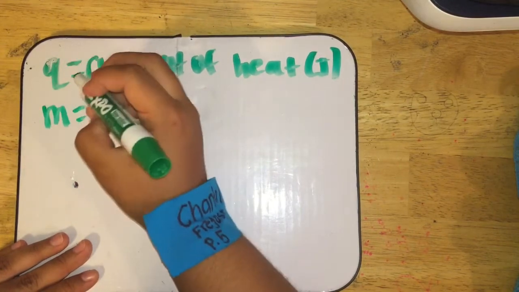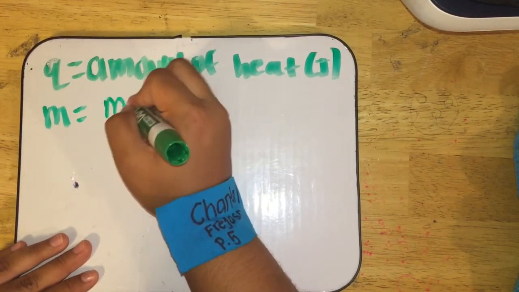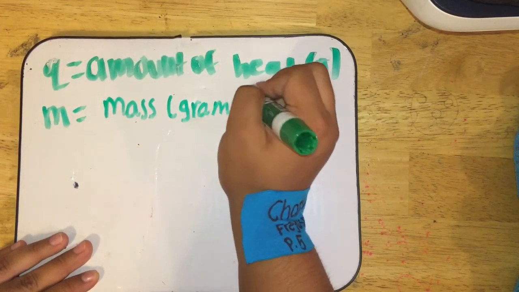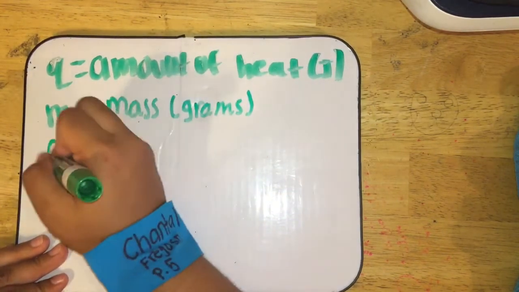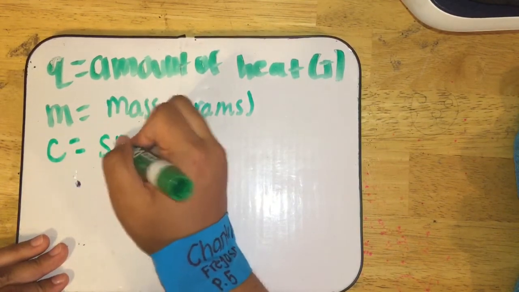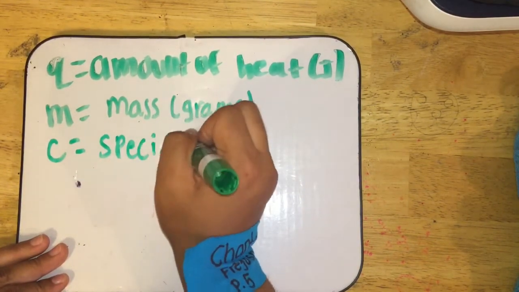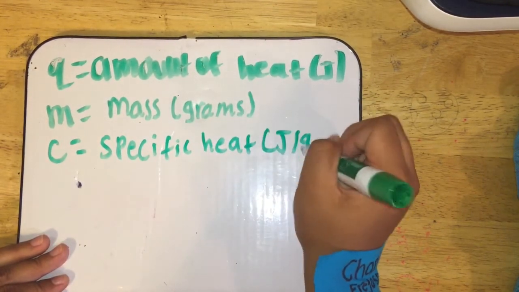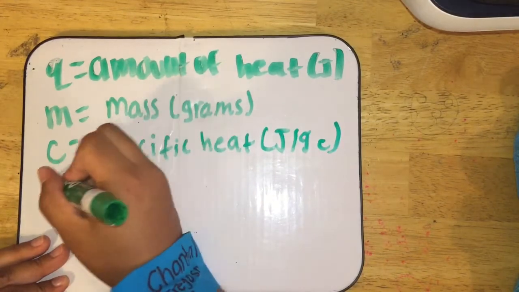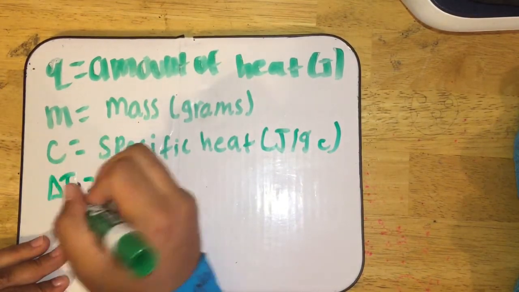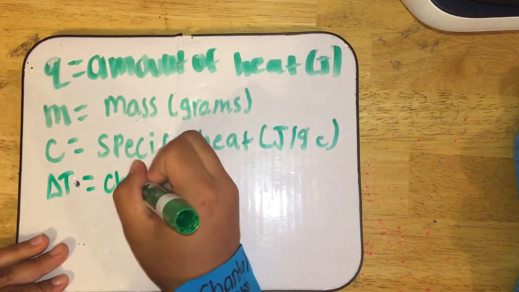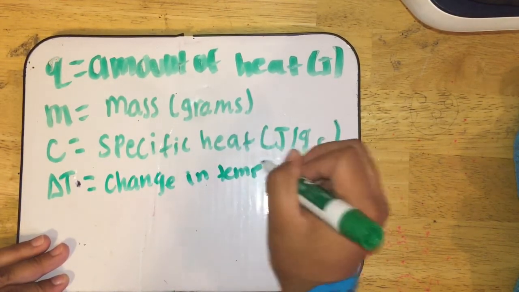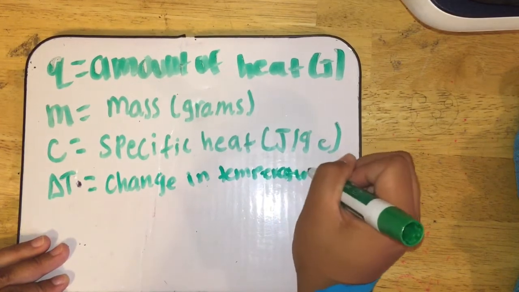M is equal to mass. C is equal to specific heat. And triangle T is equal to change in temperature.